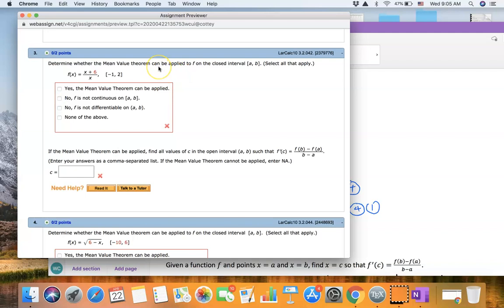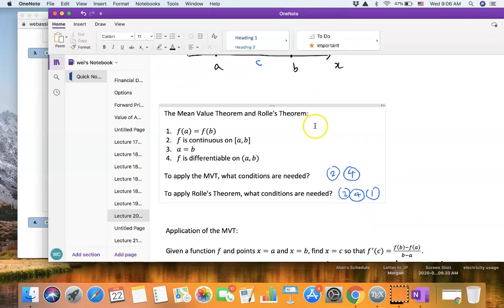So to determine whether the mean value theorem can be applied to this function, let's recall the conditions for using the mean value theorem. If we look at our notes, to apply the mean value theorem, the function has to be continuous on the closed interval and has to be differentiable on the open interval.